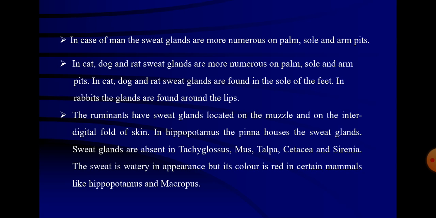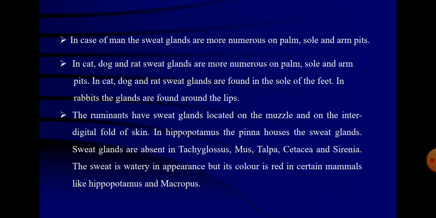Now, in case of man, sweat glands are more numerous on palm, sole, and armpits. Generally, we see that our clothes become wet under the armpits. That is because there are numerous sweat glands over there, and they will be secreting the toxics in the form of sweat.